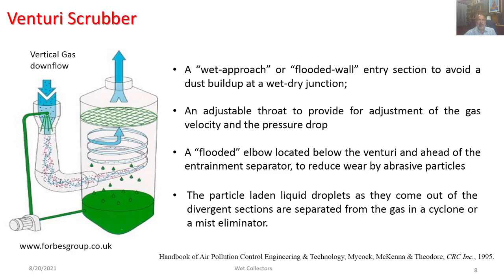There is a flooded elbow located below this Venturi section and ahead of the entrainment separator to reduce the wear because of abrasive particles. The particle-laden liquid droplets, as they come out of this stream through the divergent section, are separated from the gas in this cyclonic operation or mist eliminator.